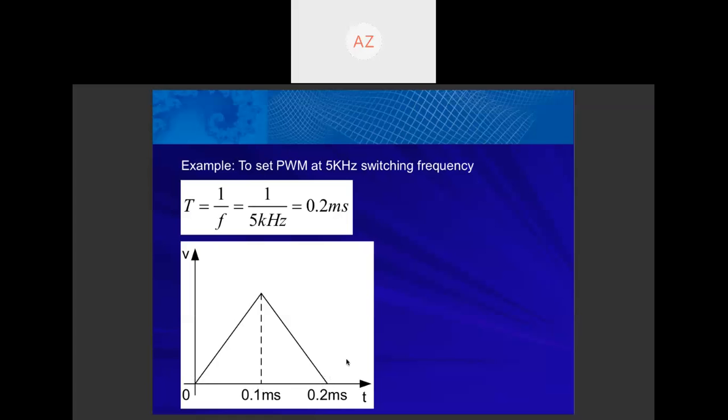For 5 kilohertz switching frequency, T equals 0.2 millisecond. So we set the repeating sequence to 0, then one full cycle 0.2 millisecond, and at the middle, 0.2 divided by 2, this point equals 0.1 millisecond.